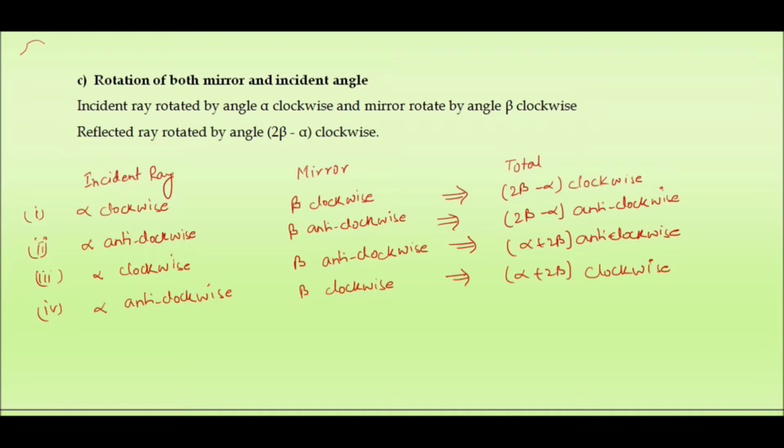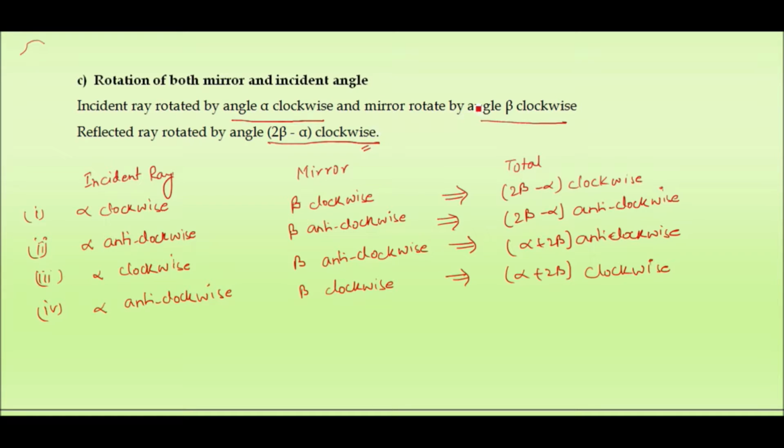So in this third case, the incident ray is rotated by angle alpha clockwise, and the mirror is rotated by an angle beta clockwise. Because of the incident light ray, we get the reflected light ray rotated by alpha anti-clockwise, and because of the mirror we get 2 beta clockwise. So the net rotation will be 2 beta minus alpha clockwise.